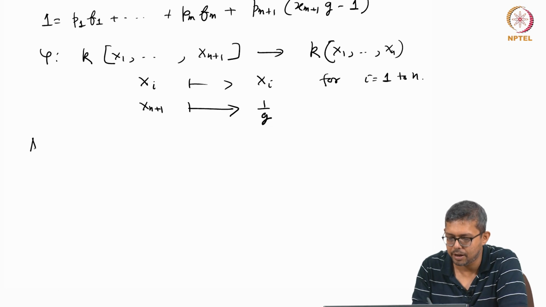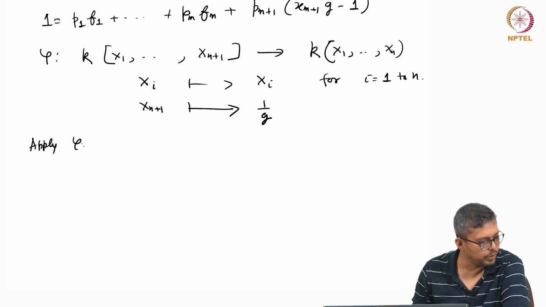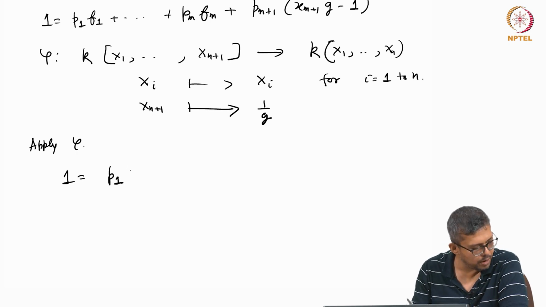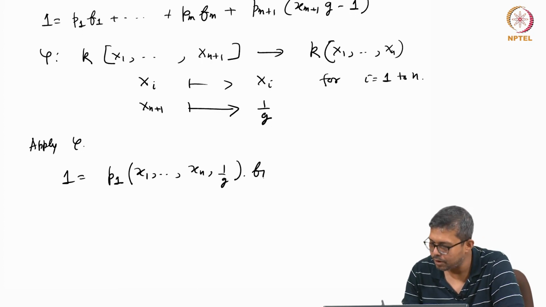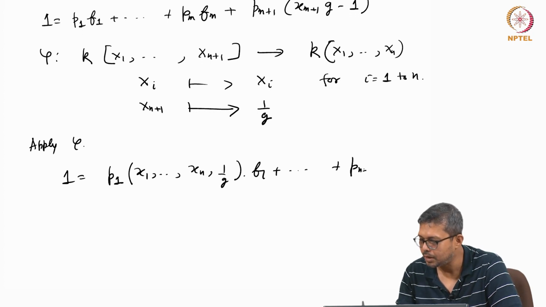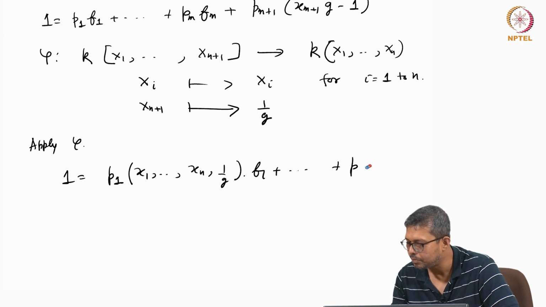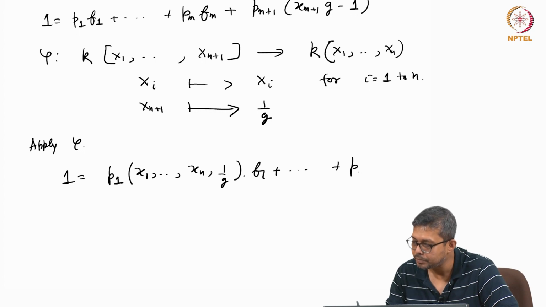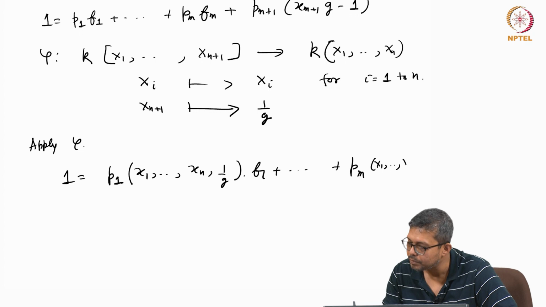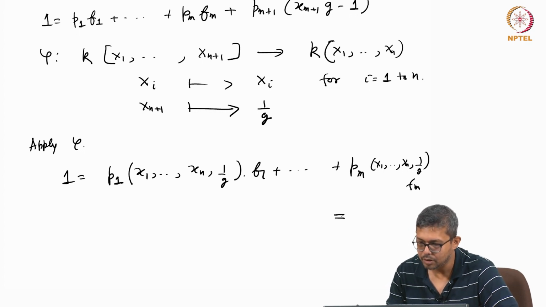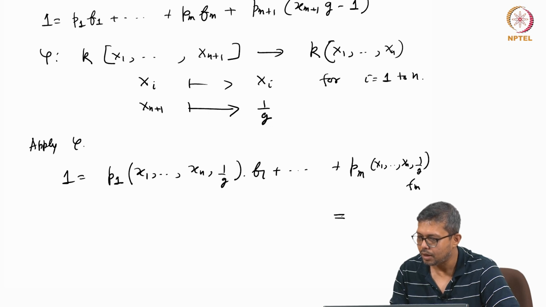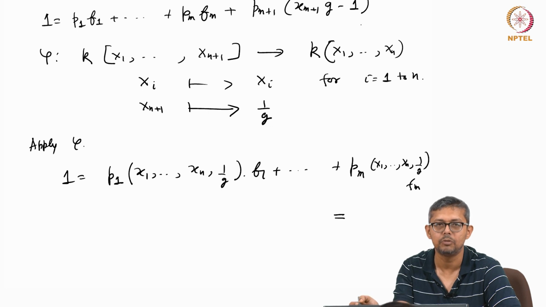So if I apply phi, what will you get? You will get 1 equal to p1 of (x1, ..., xn, 1/g) f1 plus ... plus pm of (x1, ..., xn, 1/g) fm, and x_{m+1} is going to 1 by g, so this part will go to 0, right.